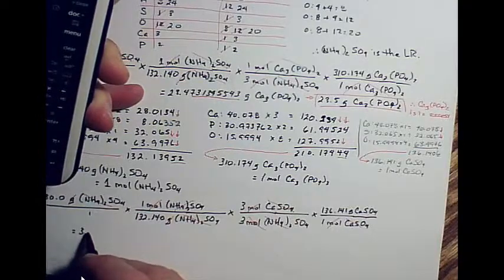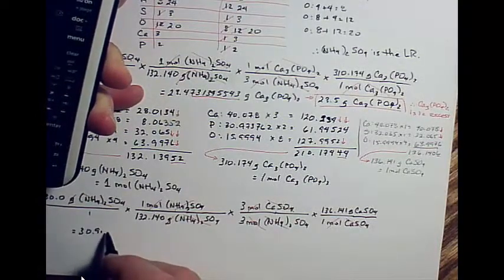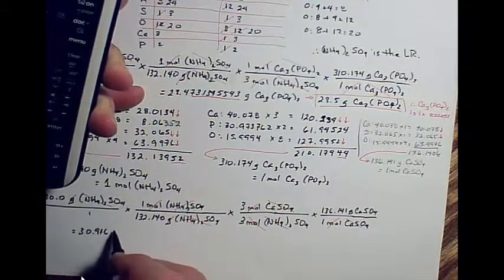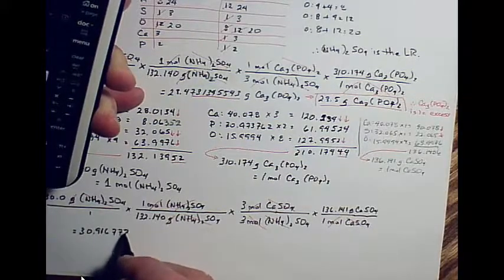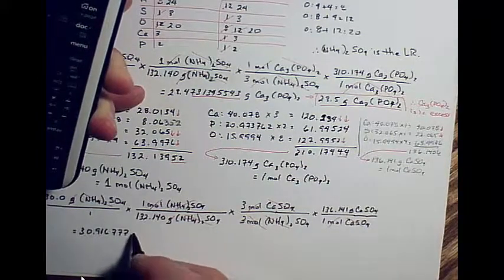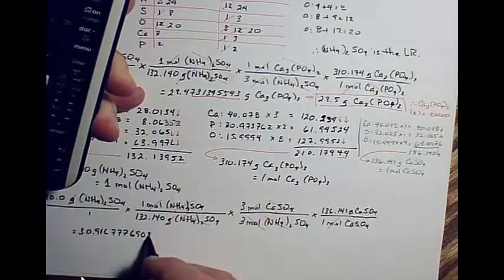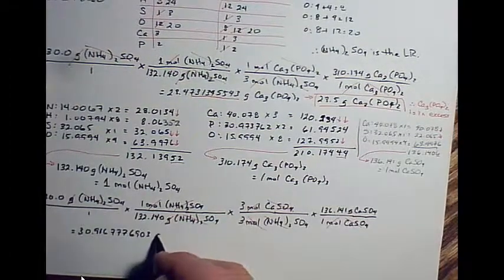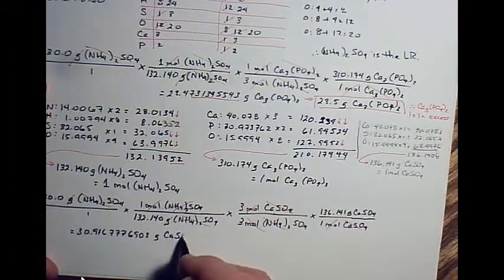And I get 30.916776903. That's grams of calcium sulfate.